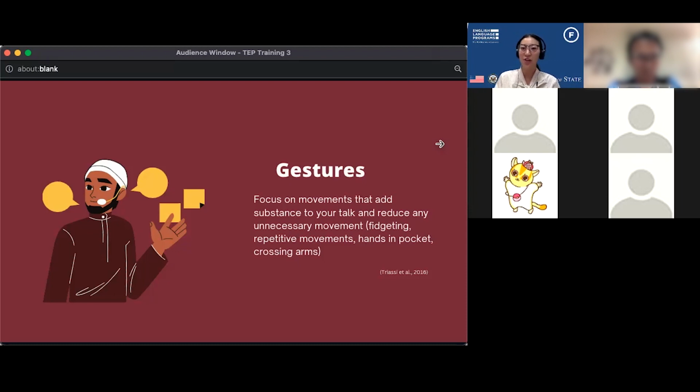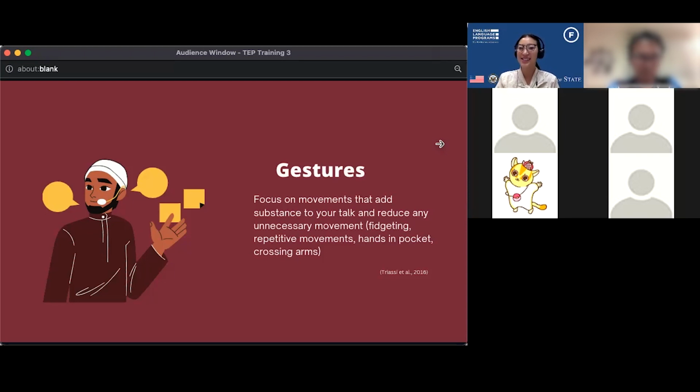And by gestures, I don't mean just moving your arms around for the sake of moving. I ask students to focus on the movements that will add substance to the speech.